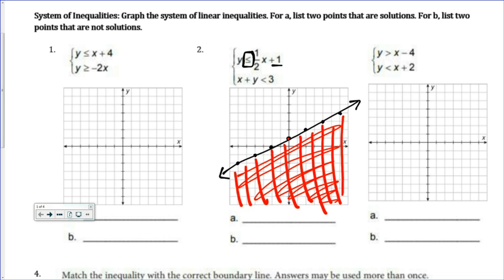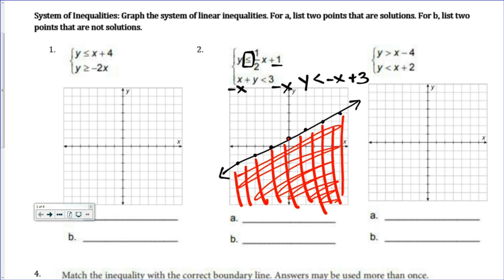Okay, let's do the second one. Now this equation is not in slope-intercept form, so we have to change it. I am going to subtract x from both sides, and now I have y is less than negative x plus 3. Okay, now I'm going to graph it.